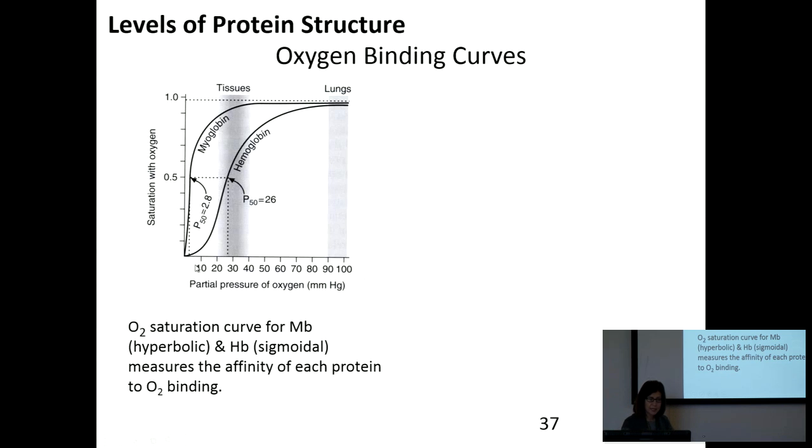We can see that it doesn't take very much oxygen for our myoglobin to get filled with oxygen. But as we go up and up, what's happening? It's harder and harder, right? I am just focusing on the myoglobin. I don't want you to pay attention to the hemoglobin.